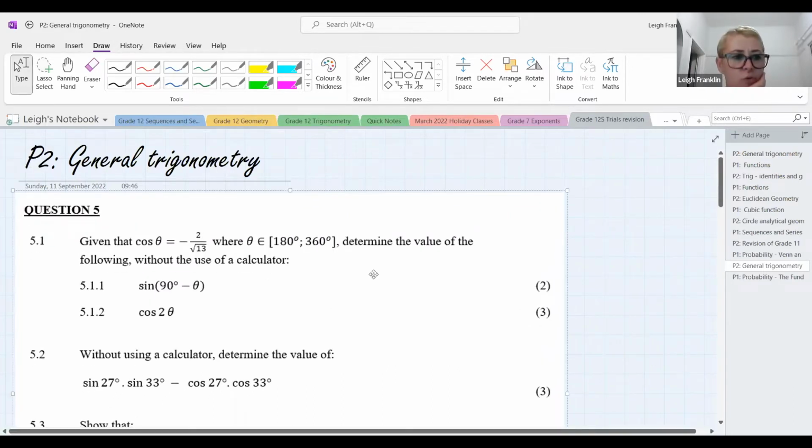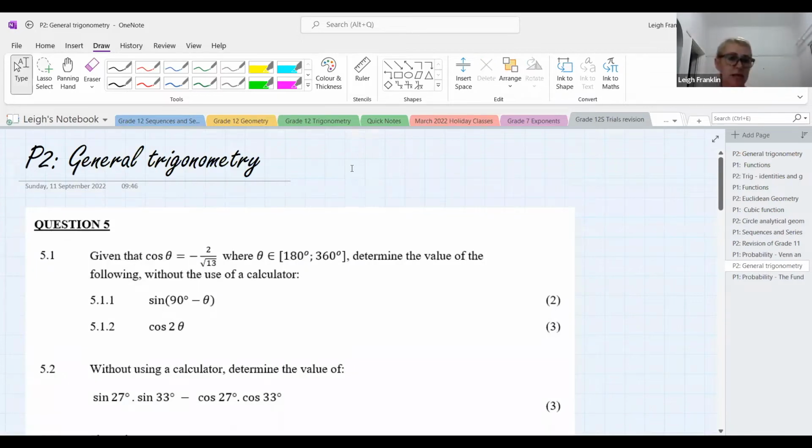All right, it starts off as follows. It tells us that we have been given that cos theta equals -2 over root 13. And they've told us that theta is an angle between 180 and 360. So what does that mean for us? If cos theta is negative, in which two quadrants is cos theta negative?